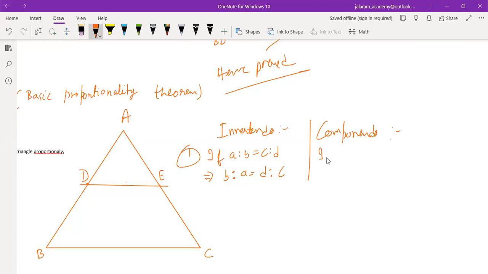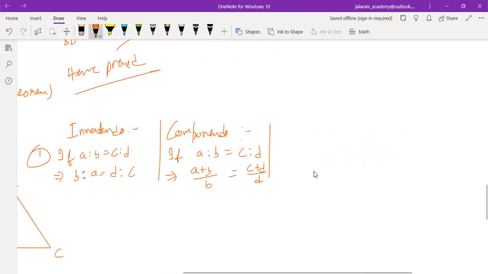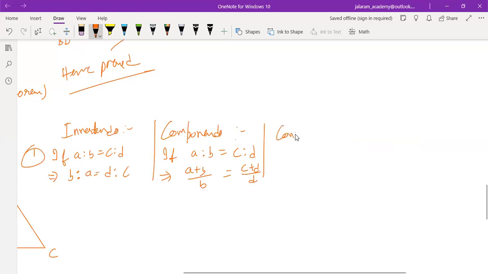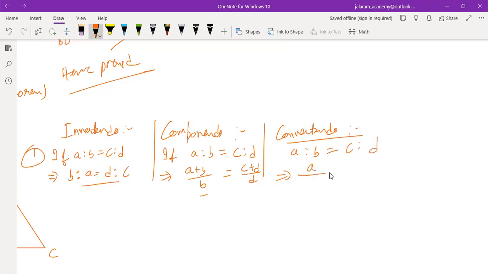Componendo means if A is to B equals C is to D, it implies A plus B is to B equals C plus D is to D. For simplification, we can write it in fraction form also. And the convertendo property is obtained by combining these two. If A is to B equals C is to D is given, it implies A upon A plus B equals C upon C plus D.